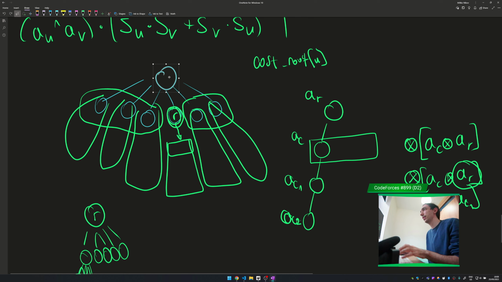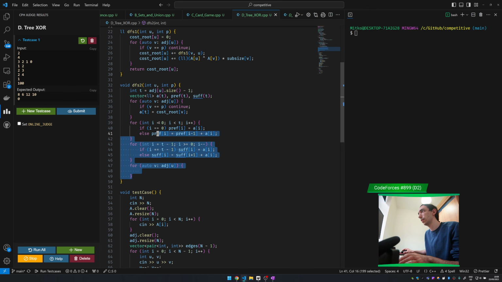Wait, we can just say that this is a root node, right? And you have the cost to all of this minus this here. I don't need the suffixes and prefixes.